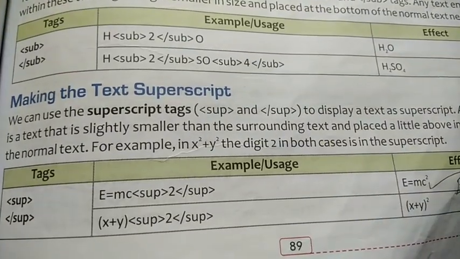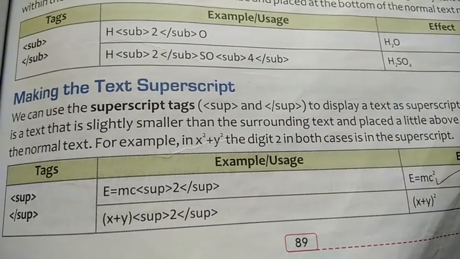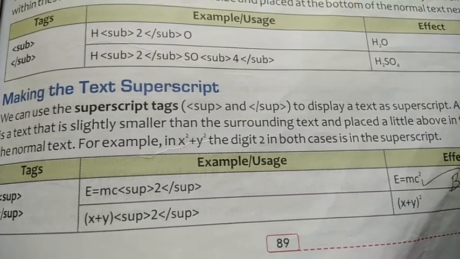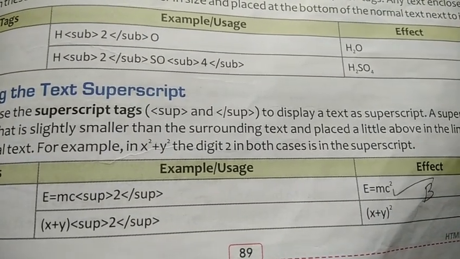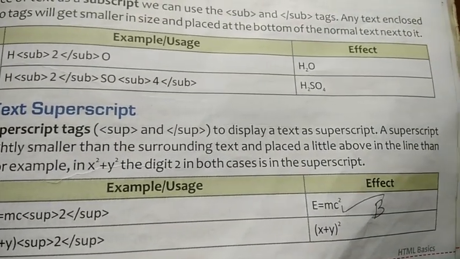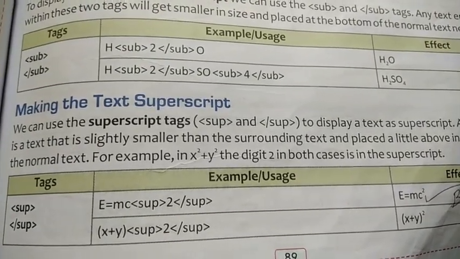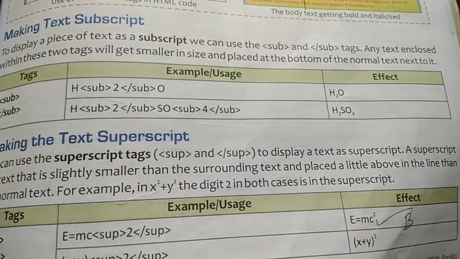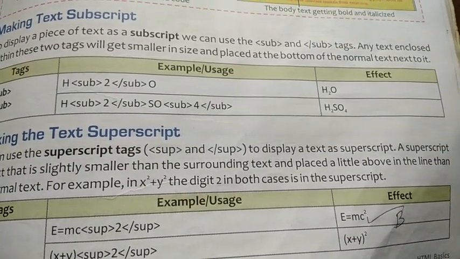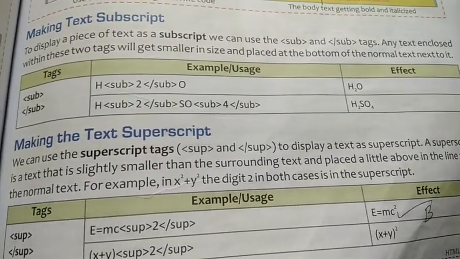Okay. Now next is making the text superscript, means we can use the superscript tag, SUP opening and closing, to display text as superscript. A superscript is text that is slightly smaller than the surrounding text and placed a little above the line than the normal text.